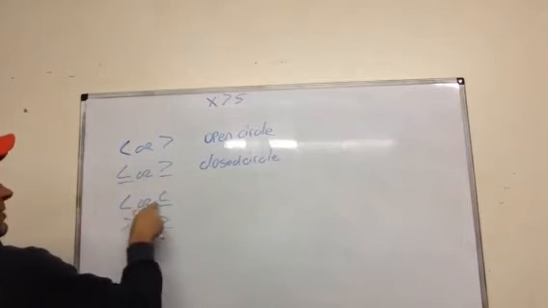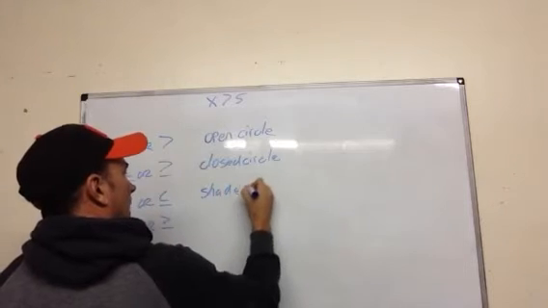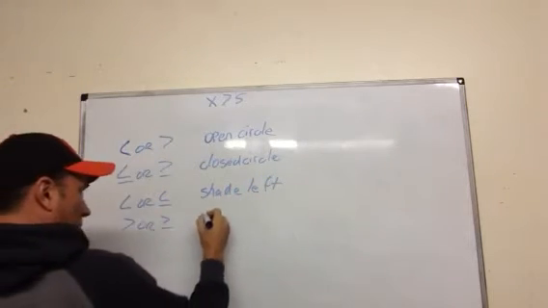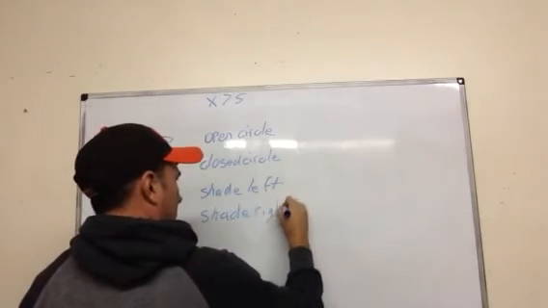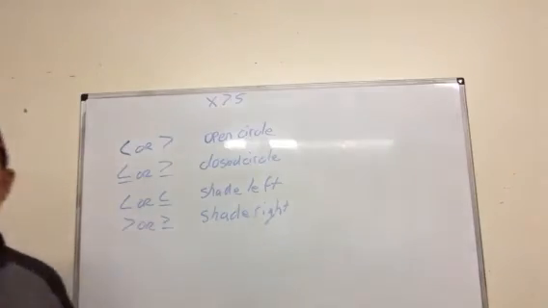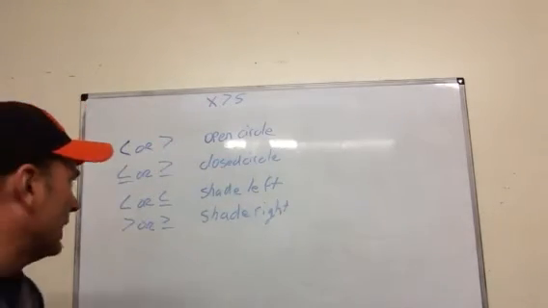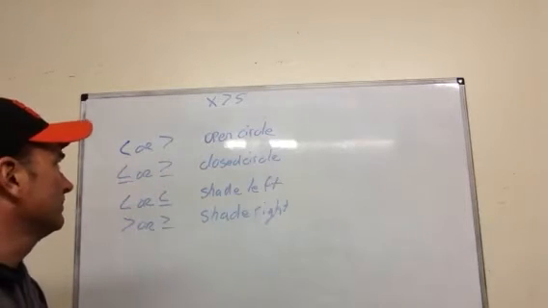If it was less than, we shaded to the left. And if it was greater than, we shaded to the right. So all that's review. We've done a lot of that in Algebra 1, and I think we even touched on it here in Algebra 2 earlier in the year.